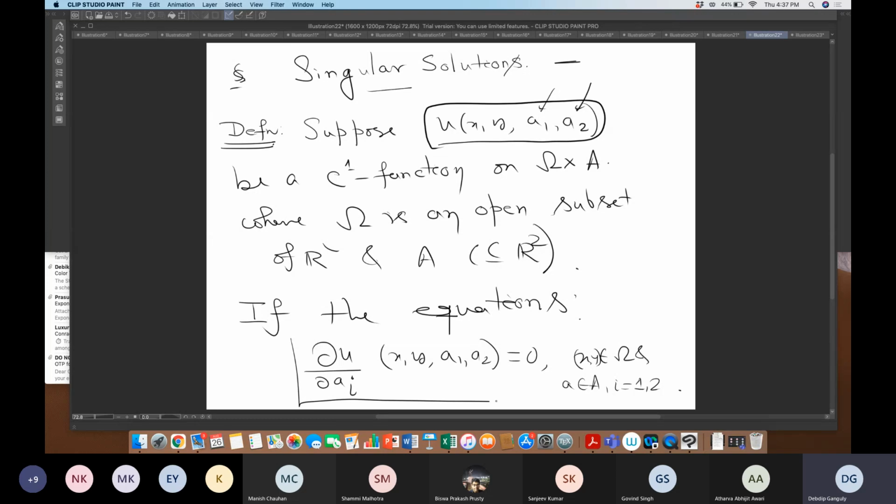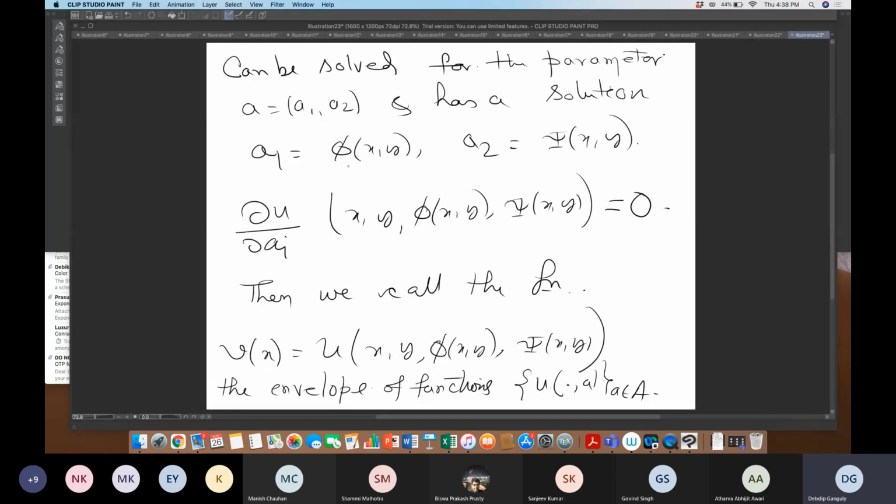If the equations del u by del ai, for a1 and a2, both have a solution, given by a1 equal to phi(x, y) and a2 equal to psi(x, y), then the new function defined as u(x, y, phi(x, y), psi(x, y)) is called the envelope of functions.